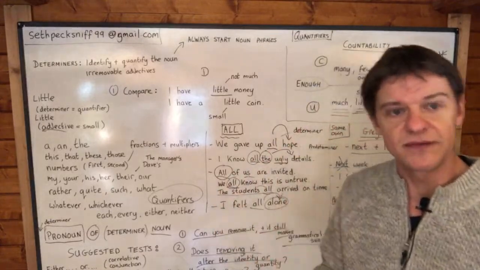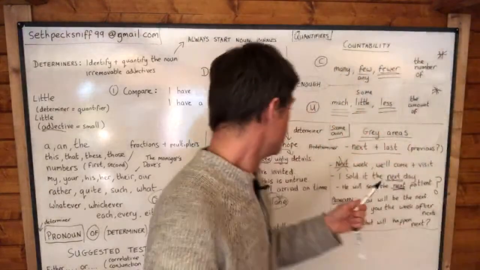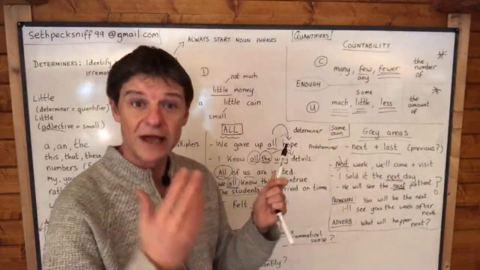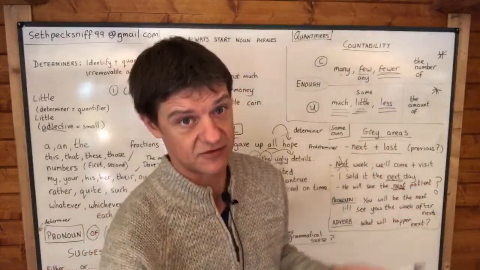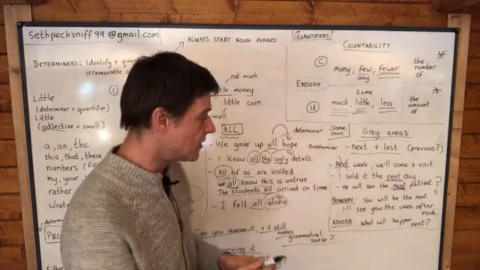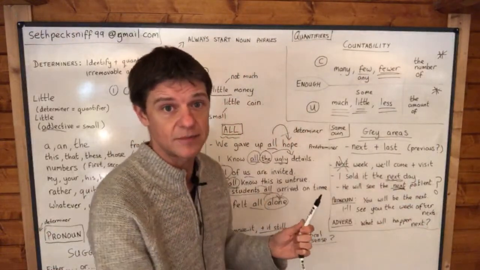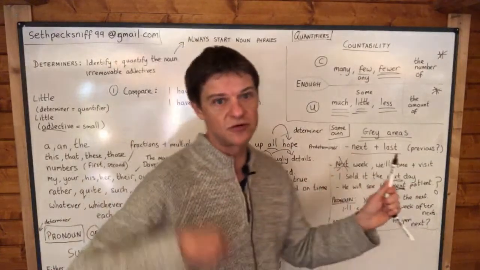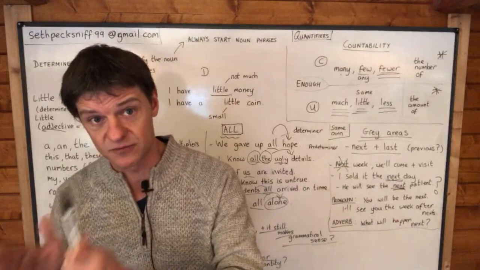Okay, you have an argument then that you've got a determiner. And that's why even with he will see the next patient, it seems to be removable. You might argue that you are changing the identity here, because he will see the patient is one person, but he will see the next patient specifies exactly which one.